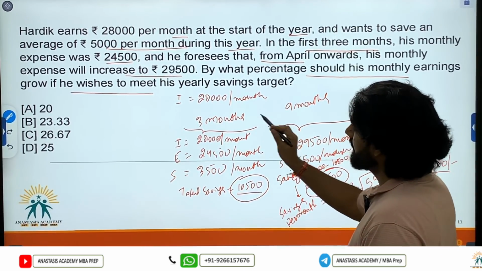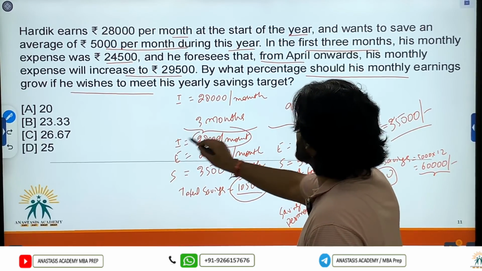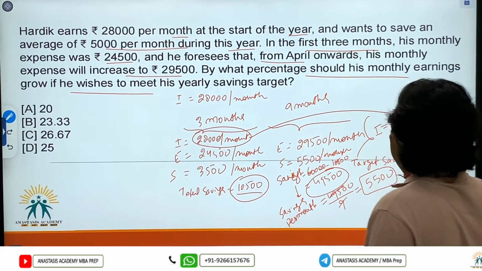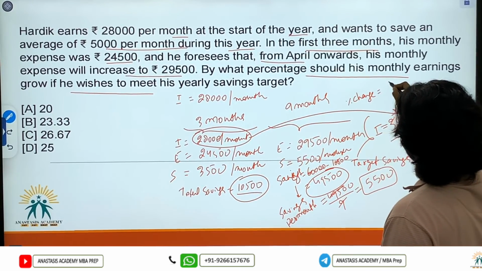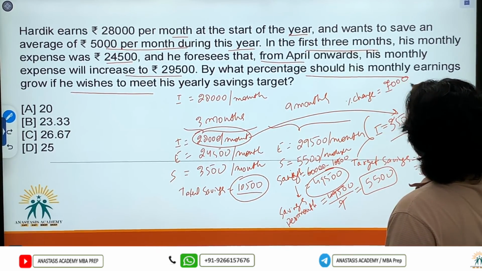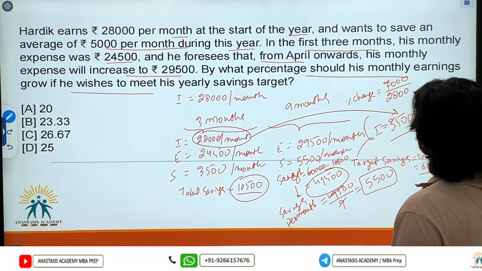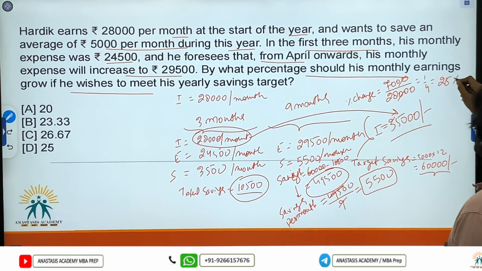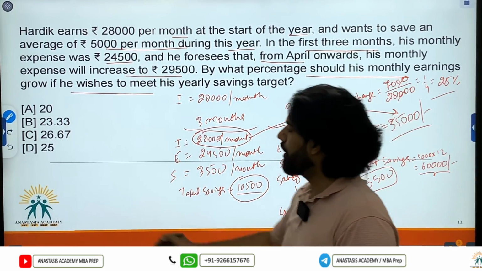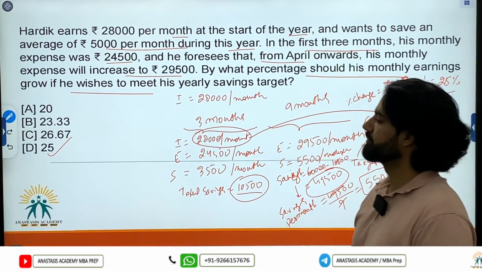Monthly income earlier was 28,000, now it has become 35,000. So the percentage change is 7,000 out of 28,000, which is 1/4, or 25%. Right? So the correct answer will be option D. Next.